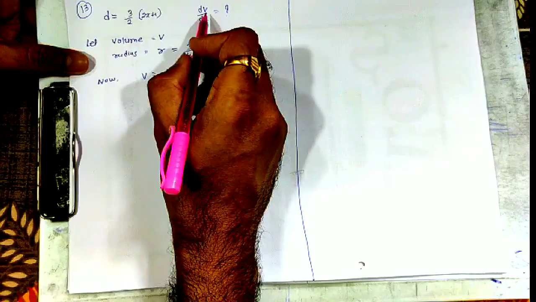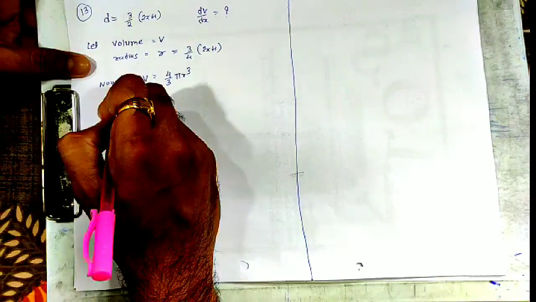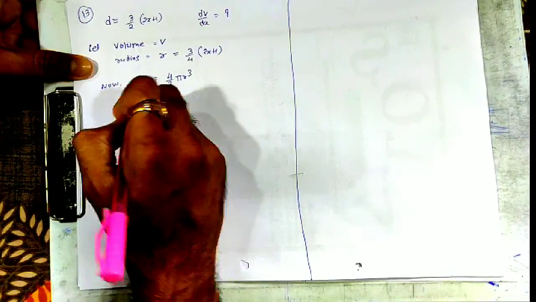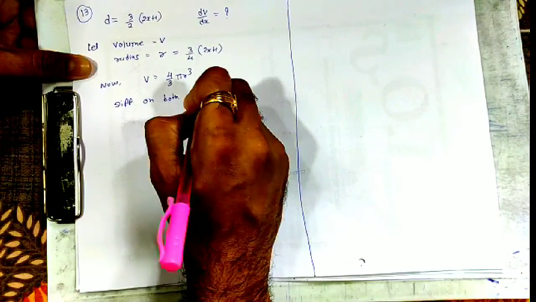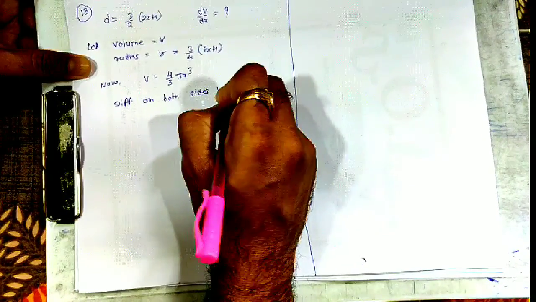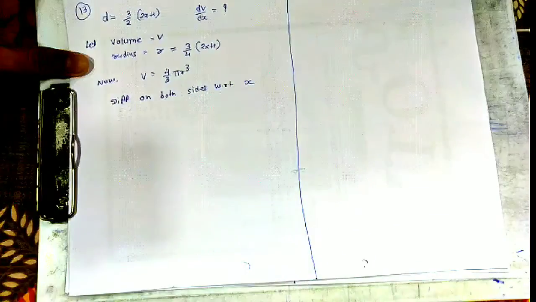We have to find the differentiation with respect to x. So differentiate on both sides with respect to x.